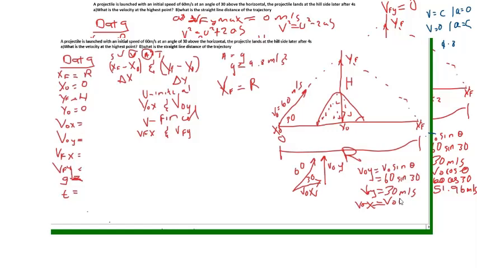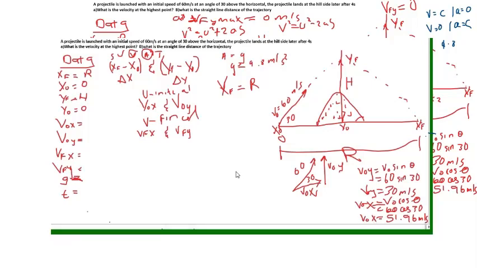You say cosine theta. When you do that, you substitute. This will be 60 cosine 30. When you punch that on your calculator, 60 cos 30 is just 51.96 meters per second.